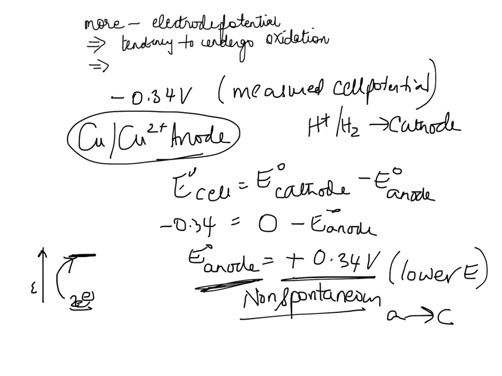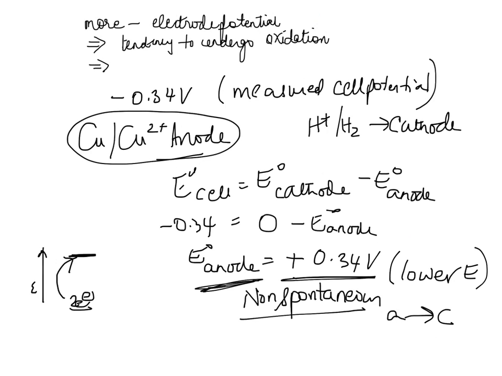This just means that since the value is positive, copper, with reference to hydrogen, is going to be lower in the reactivity series, whereas zinc, for which we got a negative number, is going to be higher in the reactivity series. That means the tendency for zinc to undergo oxidation is going to be easy as compared to hydrogen, and hydrogen is going to be better as compared to copper.